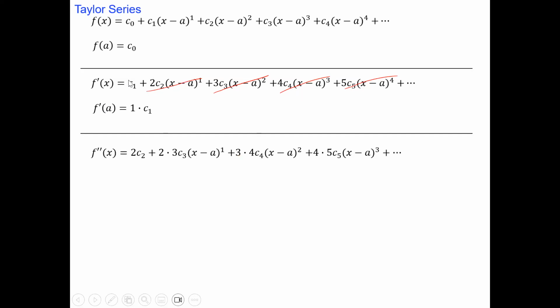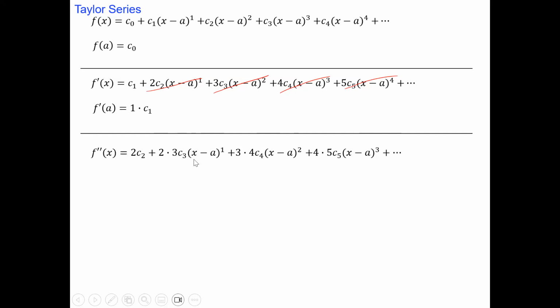The same thing. We will differentiate each term. Derivative of the constant is 0. Derivative of C sub 1 x is just the constant, C sub 1, and the derivative of C sub 2 x squared will be 2x, copying that constant. Derivative of x cubed will be 3x squared, and copy C sub 3, then 4 C sub 4, and so on.